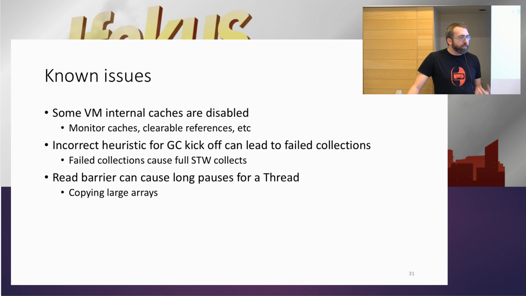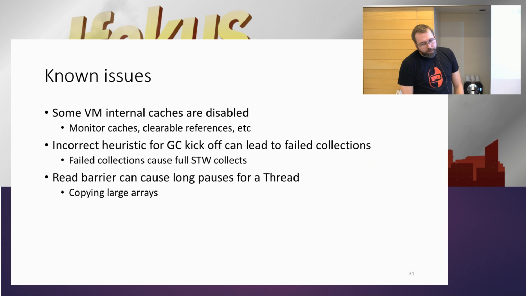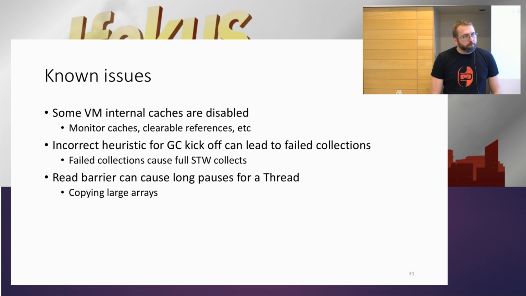In some cases, it was going to be quite costly to update them for the wins they gave. The biggest one was our monitor caches, for when we don't actually have monitors for objects. They go off and hit a hash table to look them up, so we cache a bunch of the most recent ones. We had to turn that off because it was going to be really slow to update.